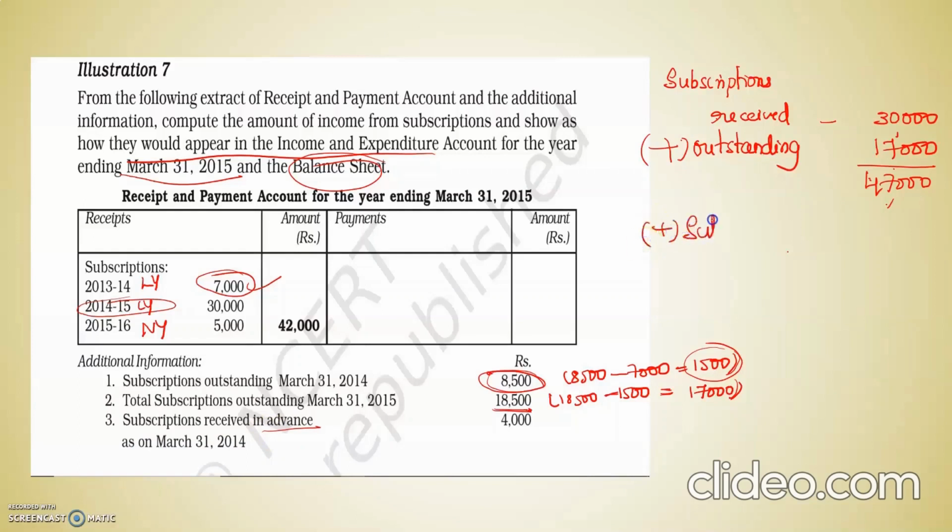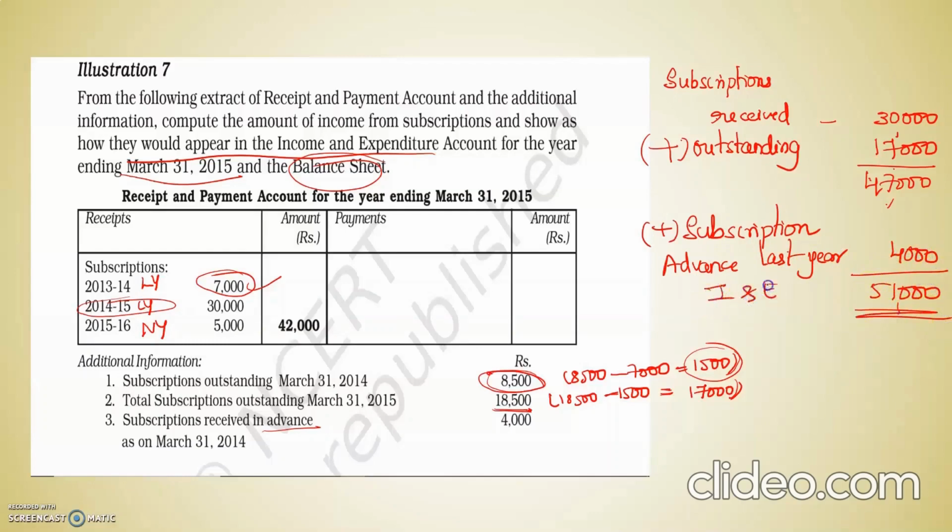Add subscription received in advance last year, 4,000 rupees. Adding that, total subscription of 51,000 is related to the current year and it will be shown in our income and expenditure account. Hope it is clear.